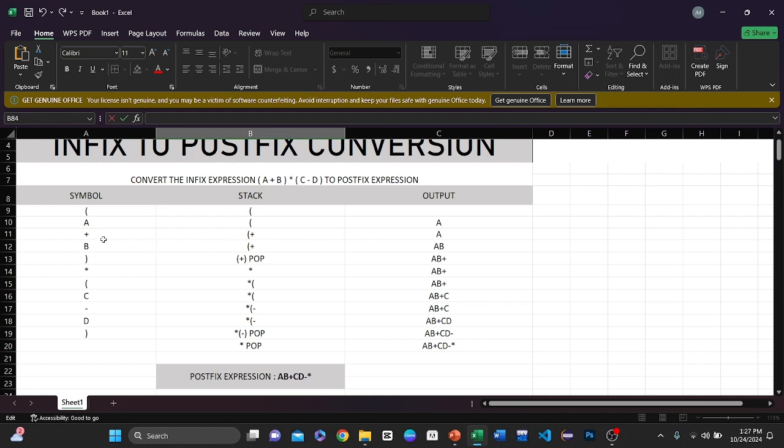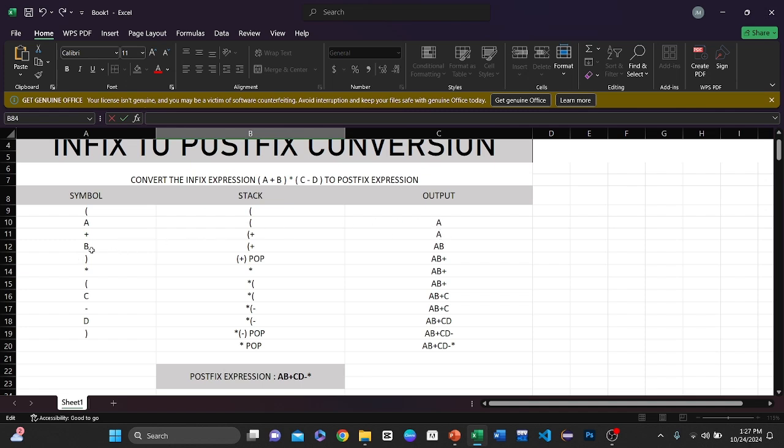The plus is an operator, and operators should be placed in the stack. Since the recent item in the stack is the open parenthesis, idugang na ang plus, so the stack now has the open parenthesis and the plus. Then A is copied to the output.